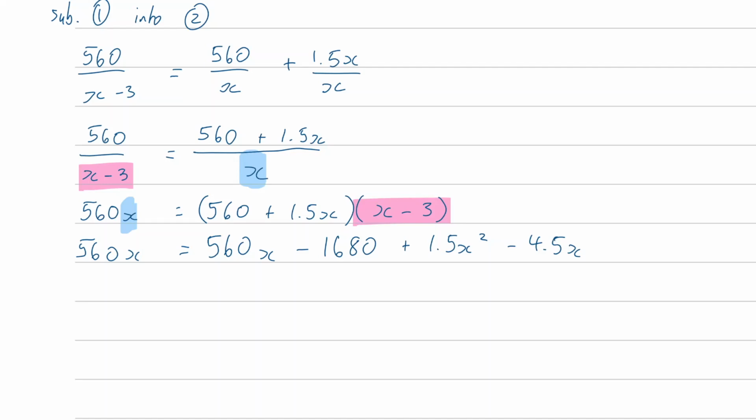Great. I notice the 560x terms cancel out. So we get 0 equals 1.5x squared minus 4.5x minus 1680.